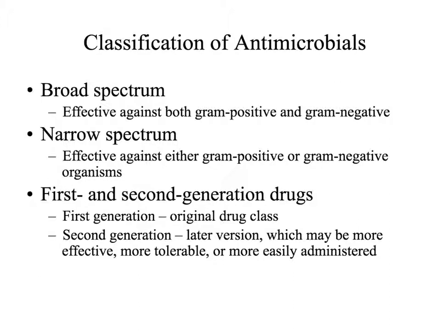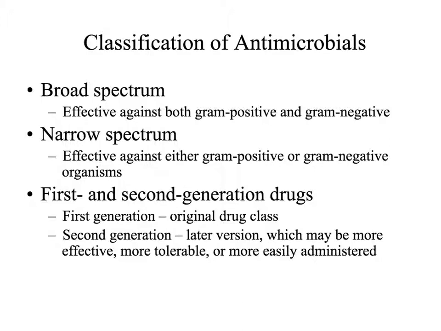A couple of other classifications are broad or narrow spectrum. Narrow spectrum is typically a better choice in terms of antibiotic resistance, right? We don't want to give a broad spectrum antibiotic if we know probably what bacteria we're fighting.